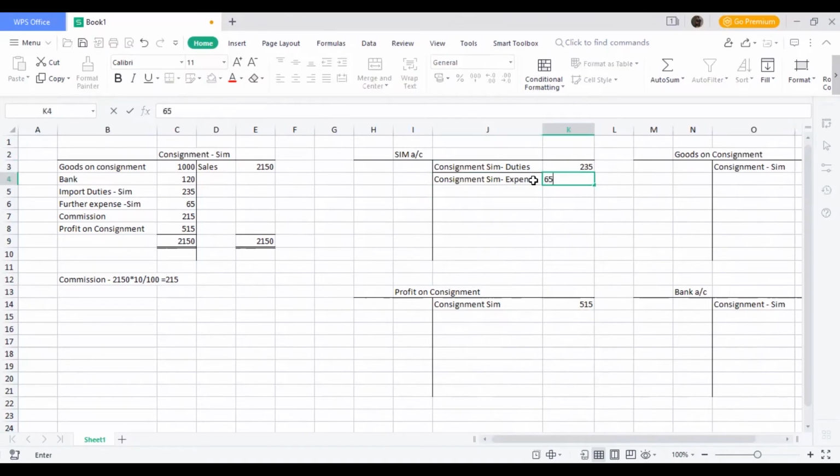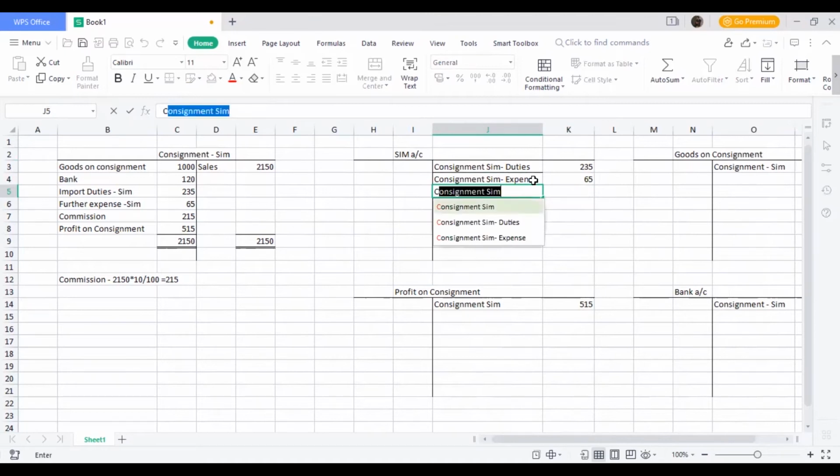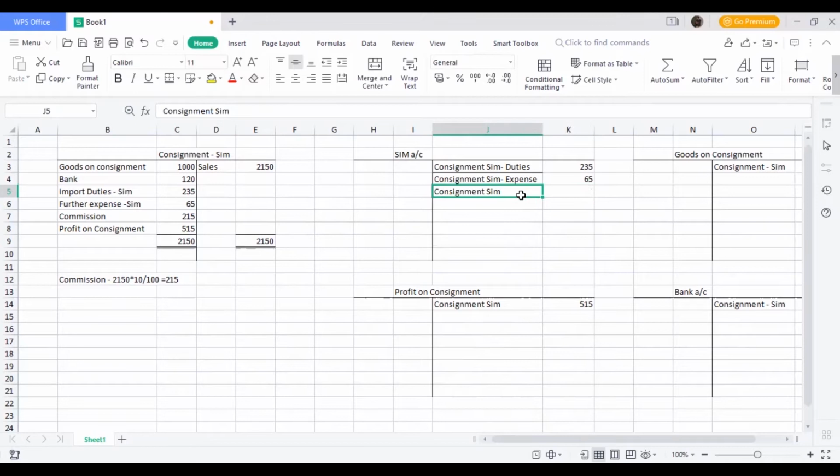Then we have here also consignment SIM. He made earnings of commission 215. But on the other side, he also made sales 2,150.